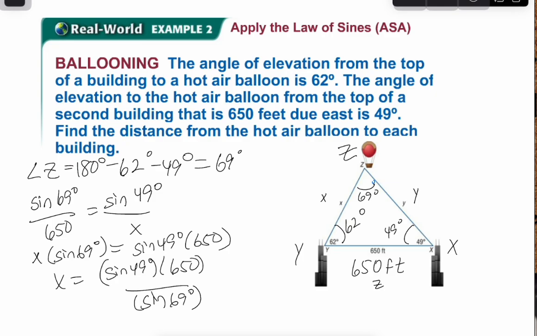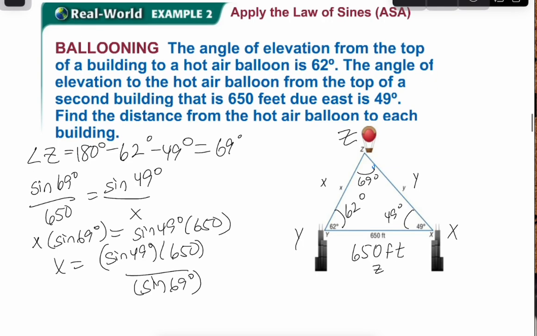So the sine of 49 times 650 divided by the sine of 69 is, we'll go to the nearest tenth because they didn't tell us otherwise, and that's common for lengths, 525.5 feet. Okay, so that's X. That is the distance from the left building up to the balloon, 525.5 feet.